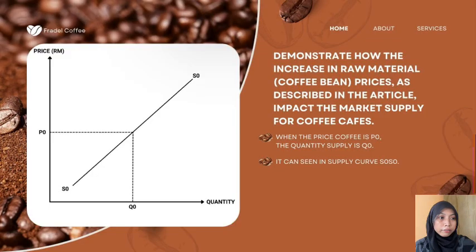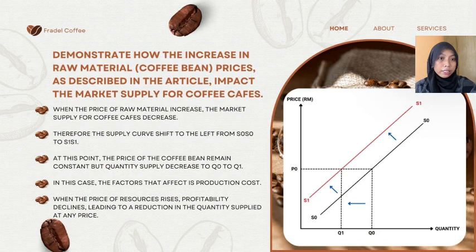This is the graph. As you can see, when the price of coffee is P0, the quantity supplied is Q0. It can be seen in supply curve S0. And then when the price of raw material increases, the market supply for coffee cafes decreases. Therefore, the supply curve shifts to the left from S0 to S1.